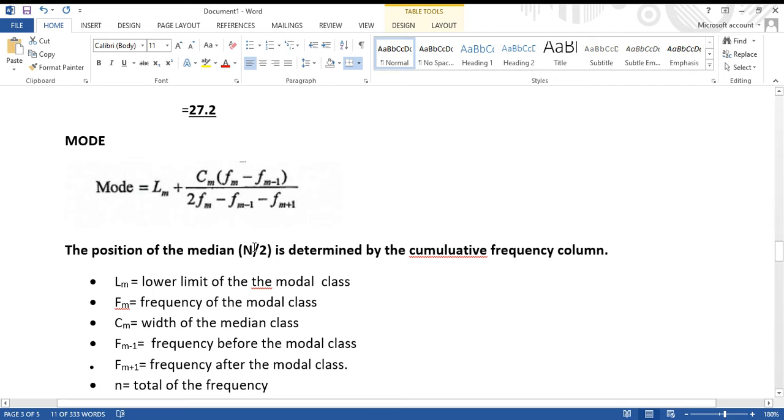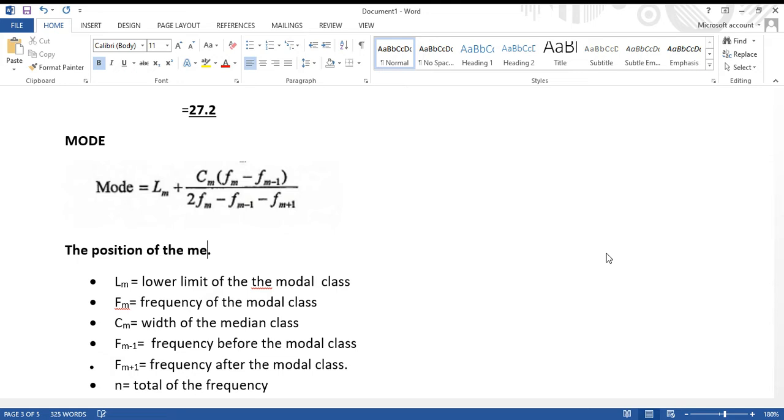So the position of the modal class is the one with the highest frequency.